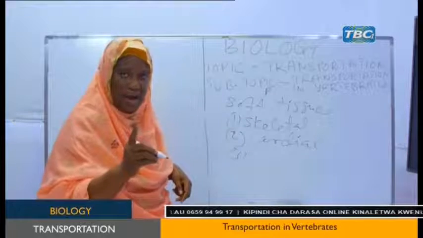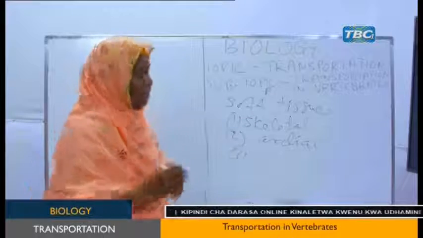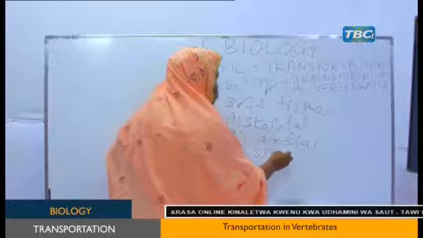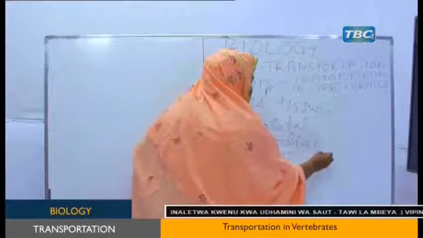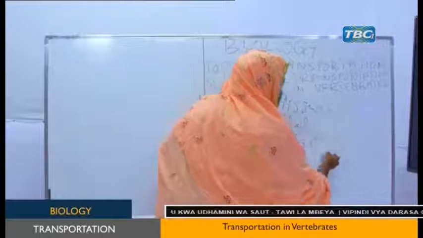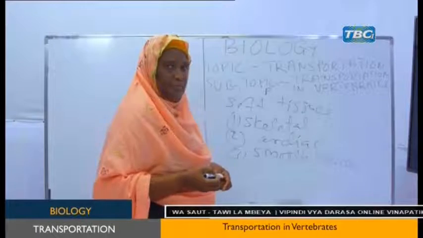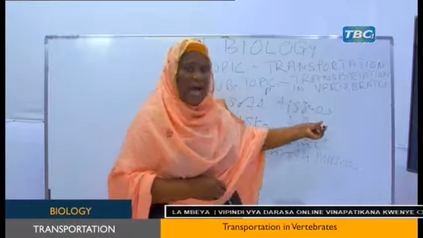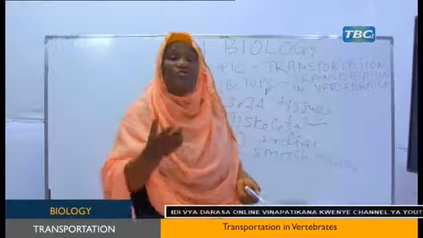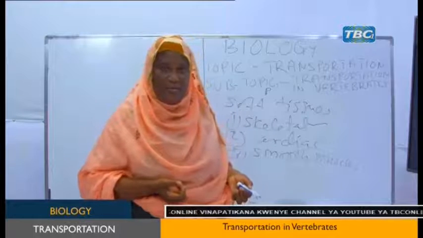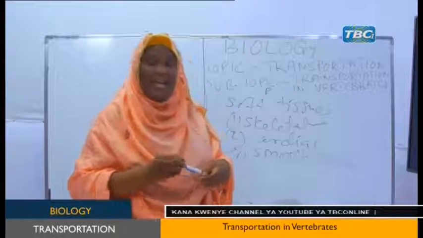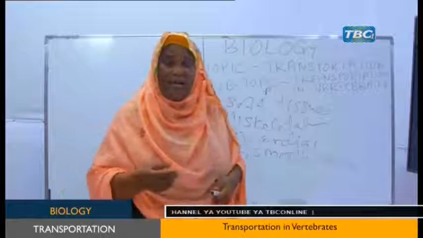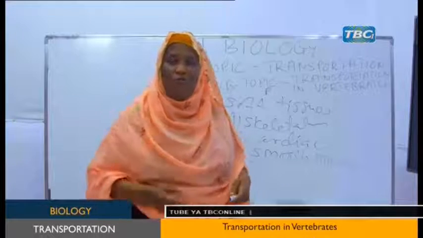And the last one is smooth muscles. Skeletal muscles are under conscious will. It means you may decide whether to allow your muscles to move or not.